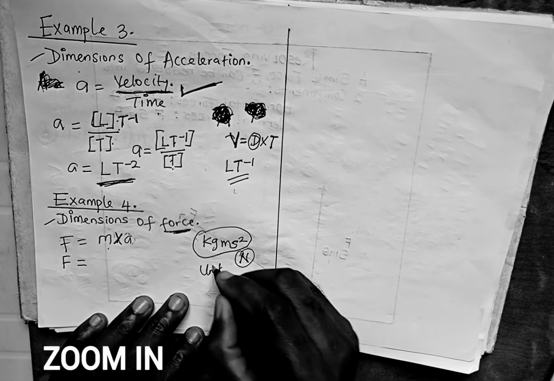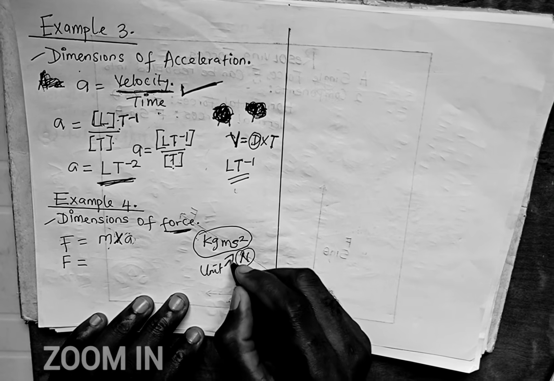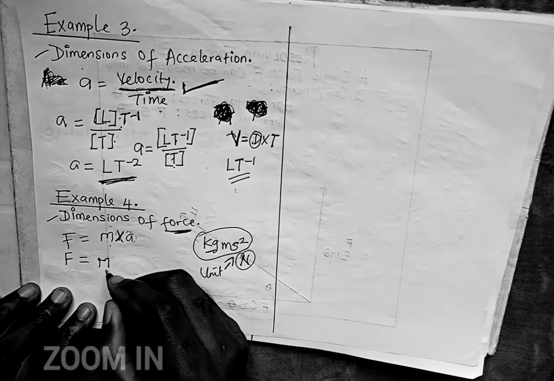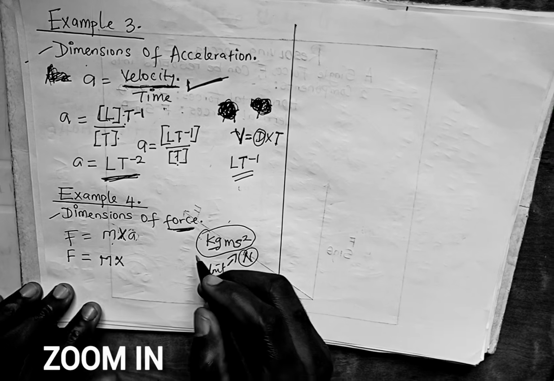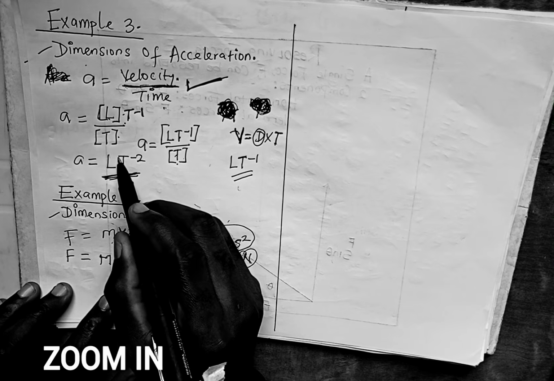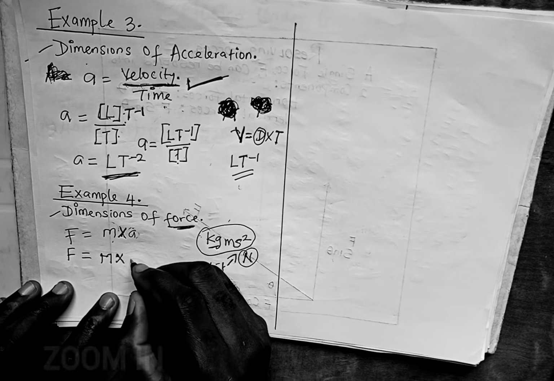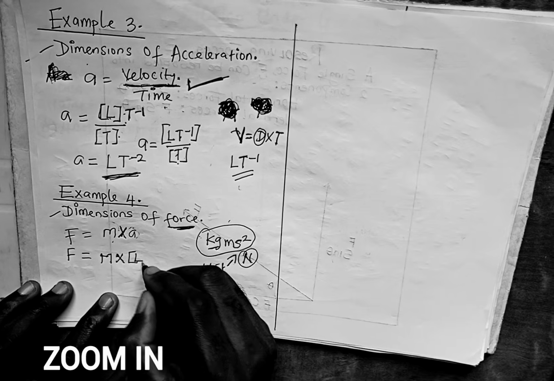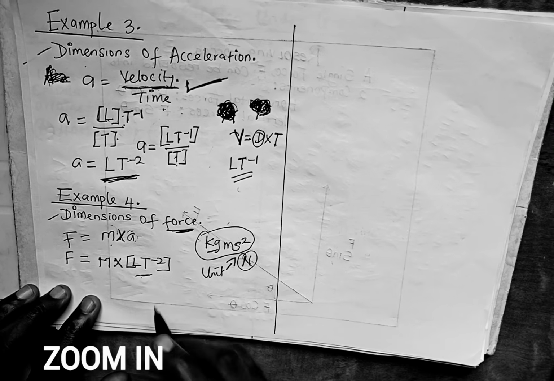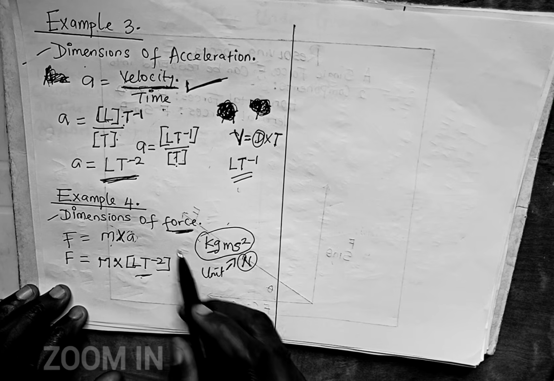What we have here is mass, which we put as m, times the dimension of acceleration. We've already done the dimension of acceleration. What's the dimension of acceleration? L t raised to power minus 2. So we put L t raised to power minus 2. Now we compute this.